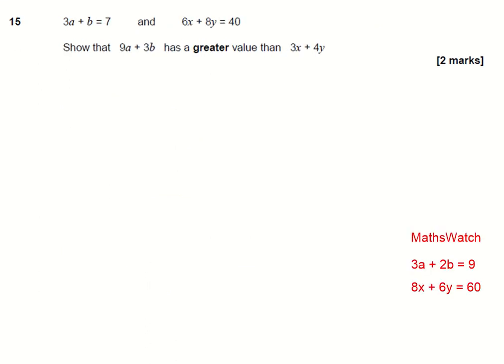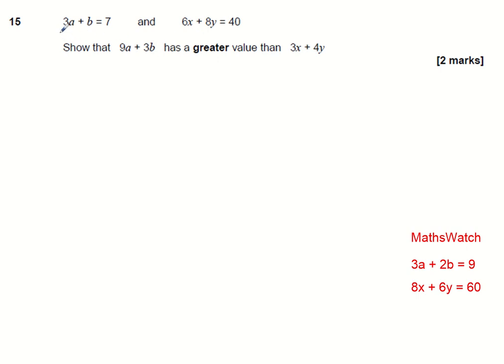Question 15. 3a plus b equals 7 and 6x plus 8y equals 40. Show that 9a plus 3b has a greater value than 3x plus 4y.